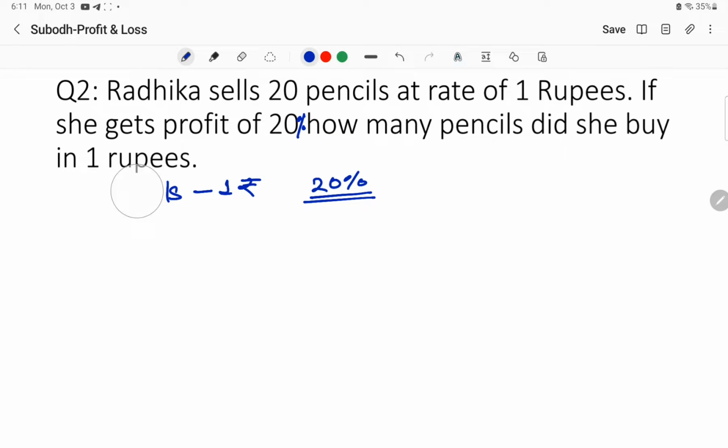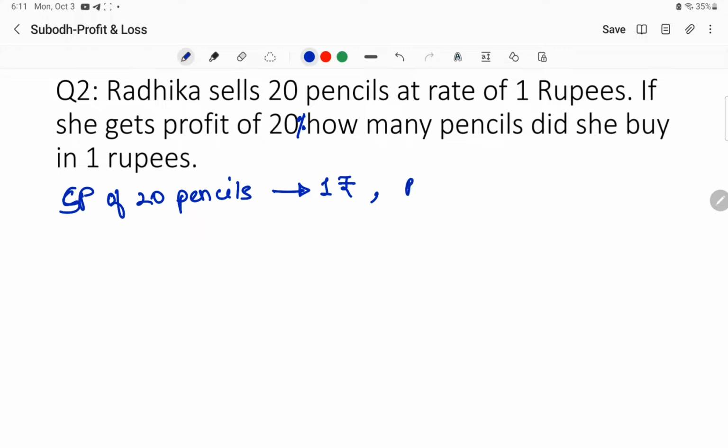So we can write it like this. The selling price of 20 pencils is 1 rupee and the profit is 20%. Here we know the selling price and the profit, so we can easily find the cost price.